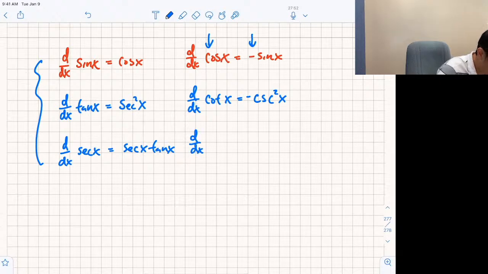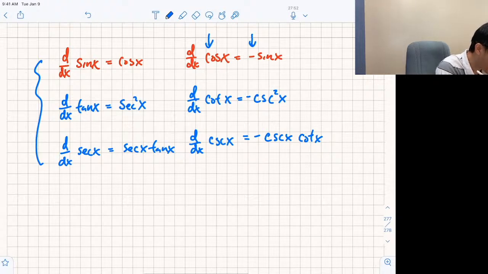And d/dx of, let's just say, cosecant of x, according to the pattern, what do you think it's going to be? Good. Cosecant of x and cotangent of x. But what else is missing? The negative.